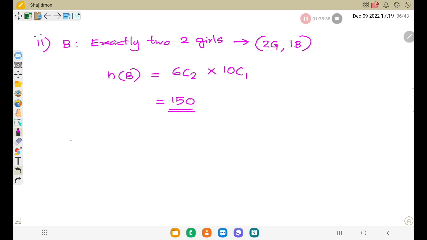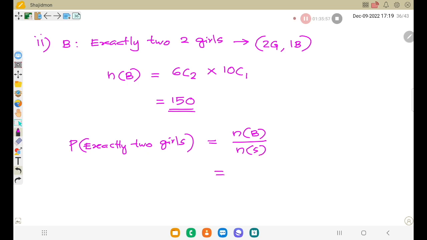So you can find the probability of exactly 2 girls. This is what our question is. Probability that exactly 2 girls equals number of elements of B divided by number of elements of S, correct? What is the number of elements of B?